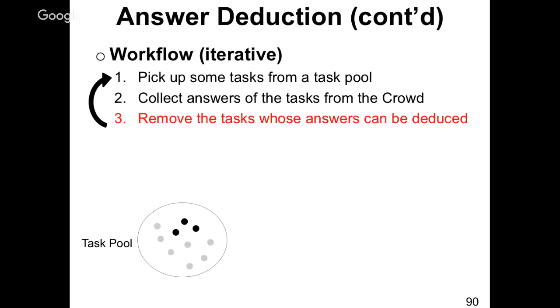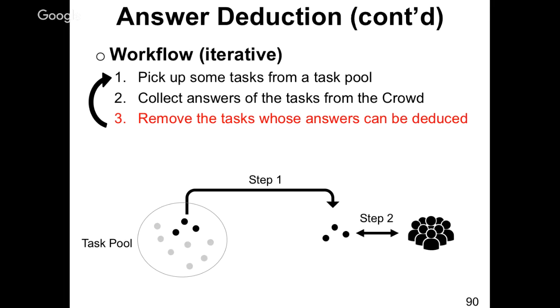So say you have a task pool that has 10 tasks, and you first pick up 3 tasks, and you ask the crowd to tell you the answer to these 3 tasks, and you get the answers, and you use the answers of these 3 tasks to deduce the answers of some of the remaining tasks, and you know the answers of 2 more tasks. Then there are 5 tasks left, and then you go to the next iteration.